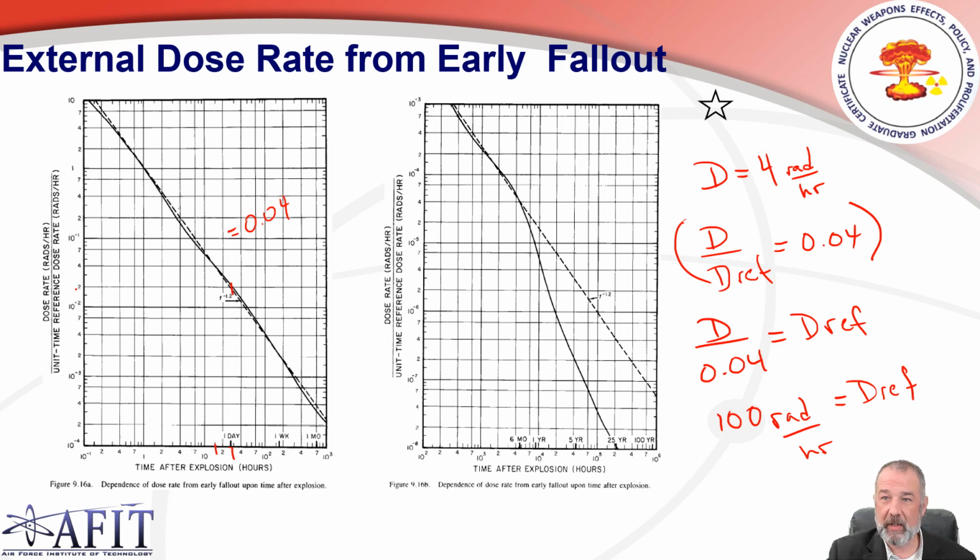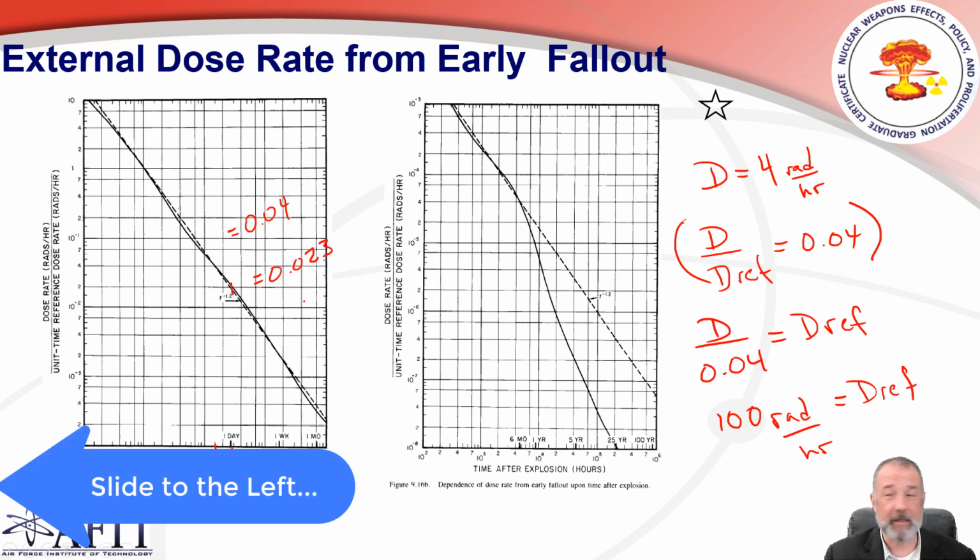Again, we're 2 decimal places over, so this is going to be about 0.02. The book uses a value that's much more accurate than this, 0.023. 0.02 is just fine.